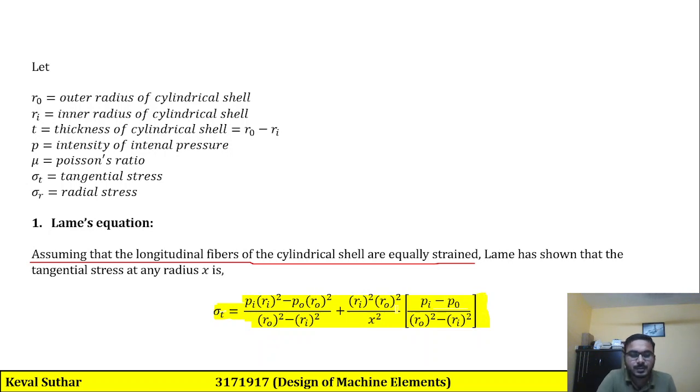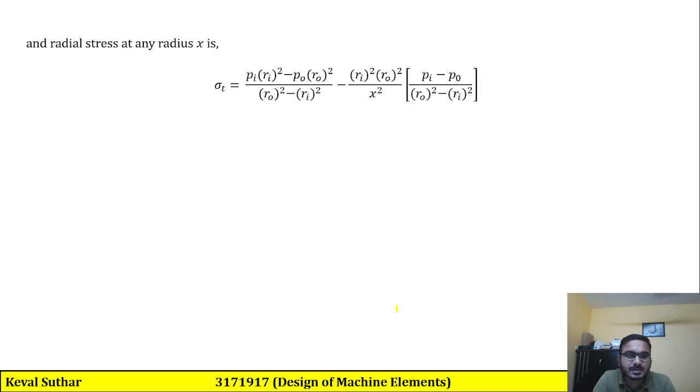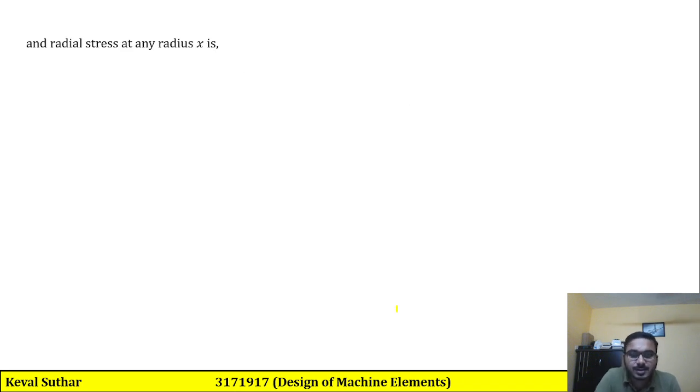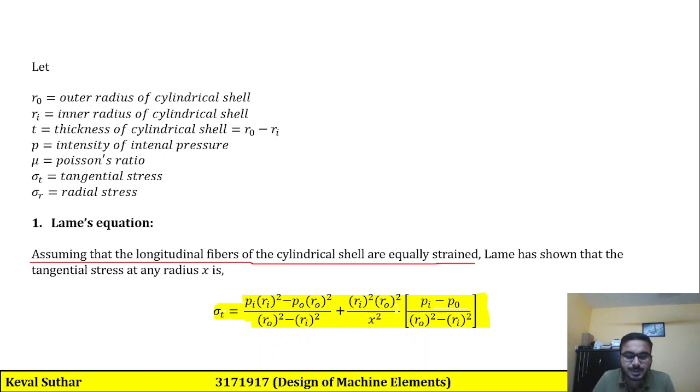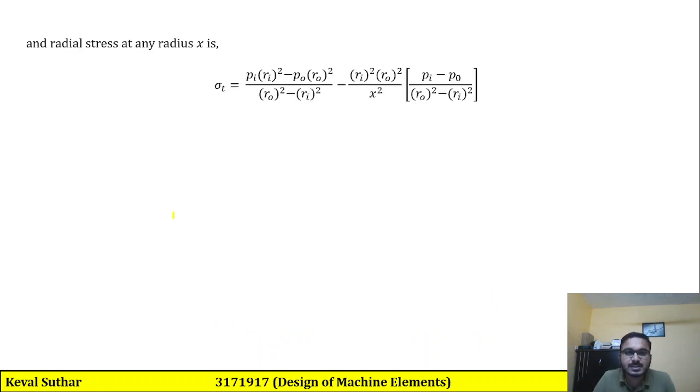So this is the tangential stress and the radial stress. You will pause this video over here and note down this equation in your notebook. The only difference between these two equations is the sign. In the previous equation it was a plus sign in between, and here it is a minus sign.